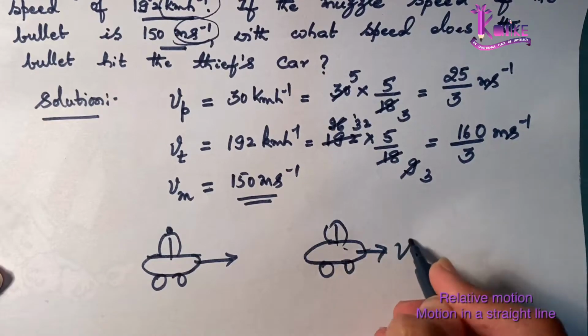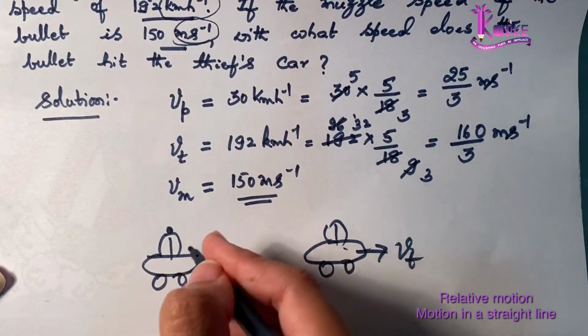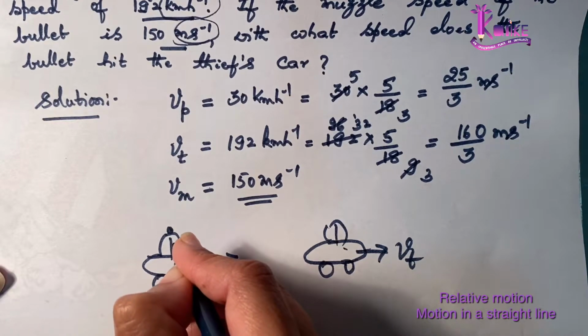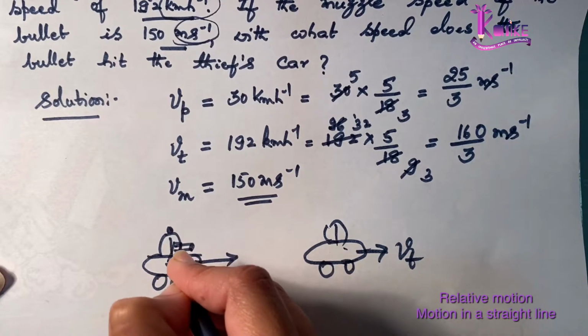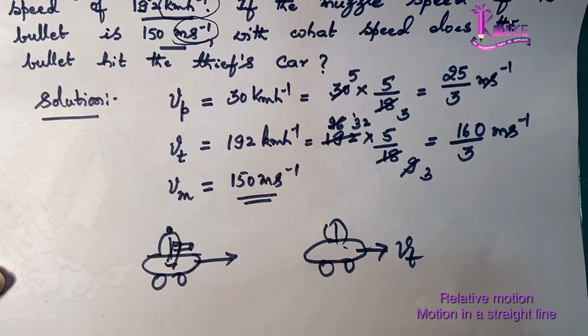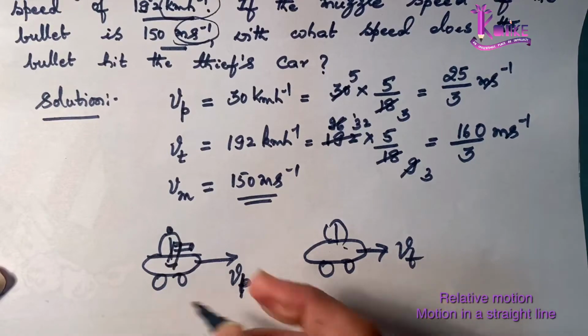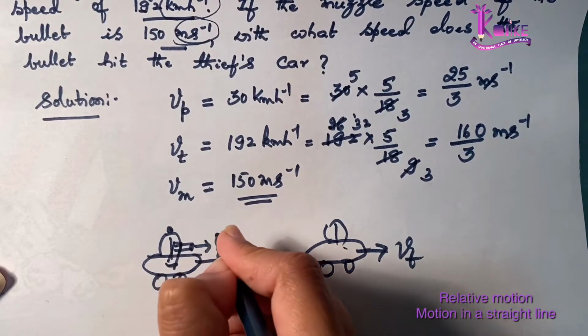So this is the thief's car. So the police fires a bullet from the police car. So this is Vp and this is Vt.